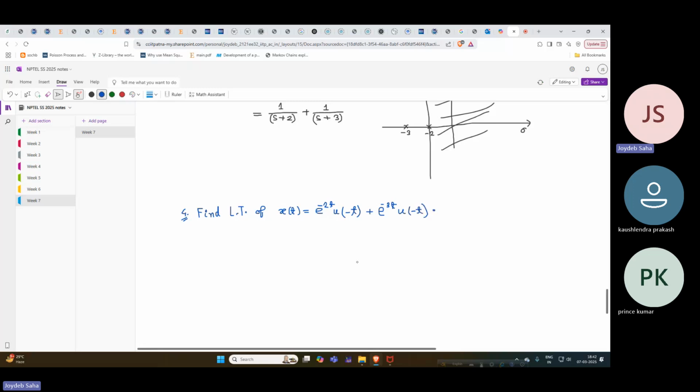First, you people try to solve this. Take 2-3 minutes and try to solve this. If you can solve, then match the answer with my answer. And if you cannot, I will solve it for you. You take 2-3 minutes, try to solve by your end, and then I will solve this.